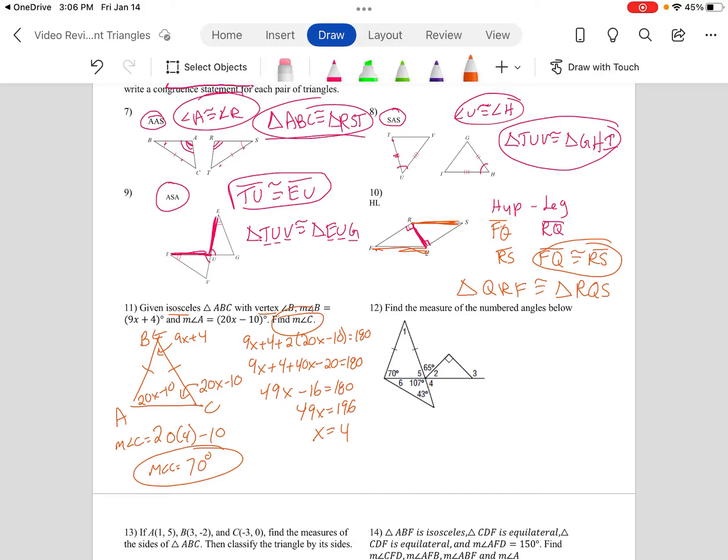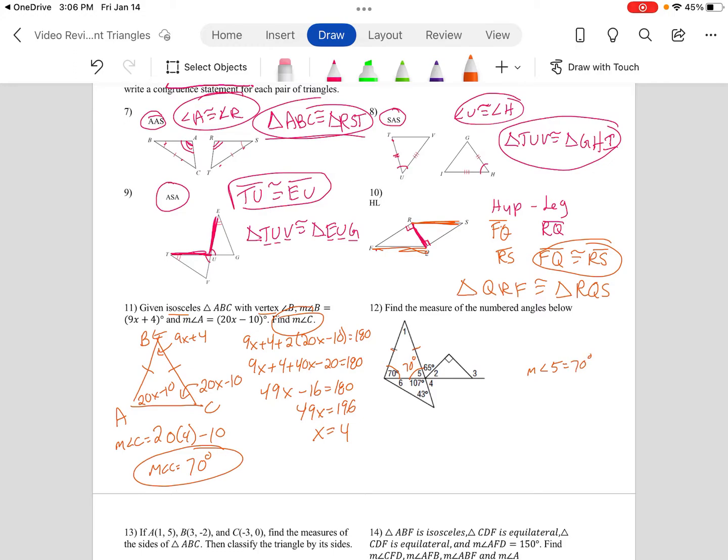Number 12, I look at this, I don't always go in the order. I know that since these two sides are congruent, this angle is 70, this angle right here is 70, so I know the measure of angle 5 is equal to 70 degrees.